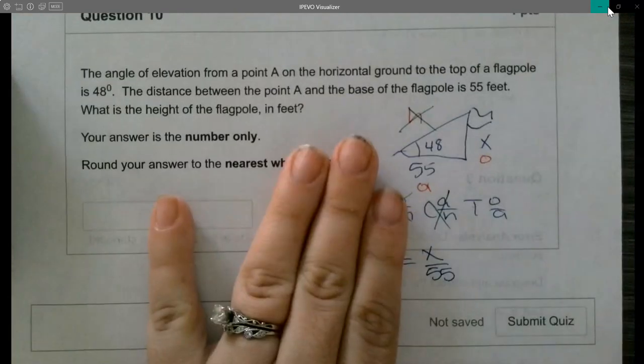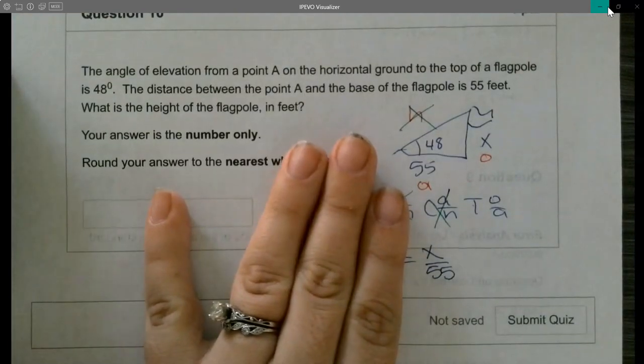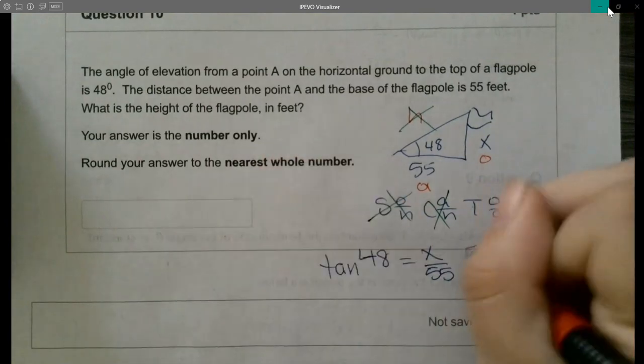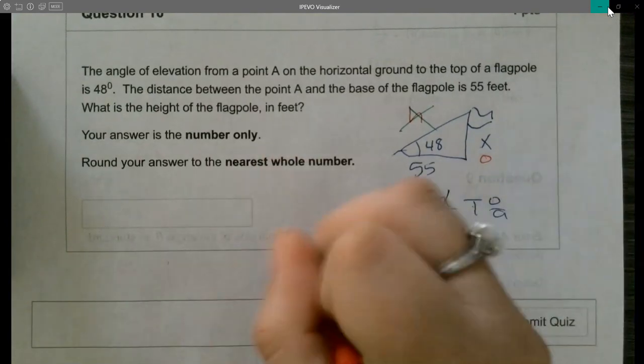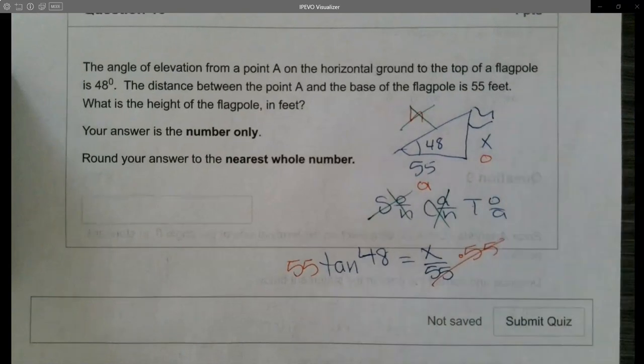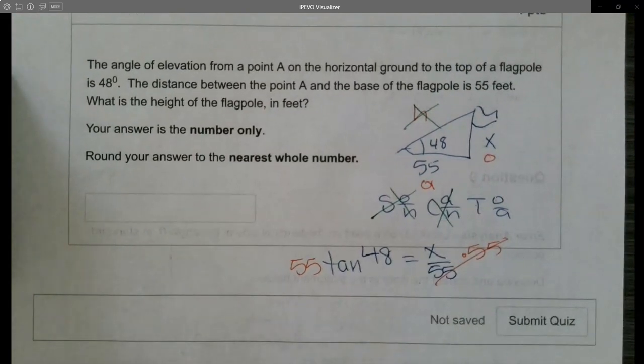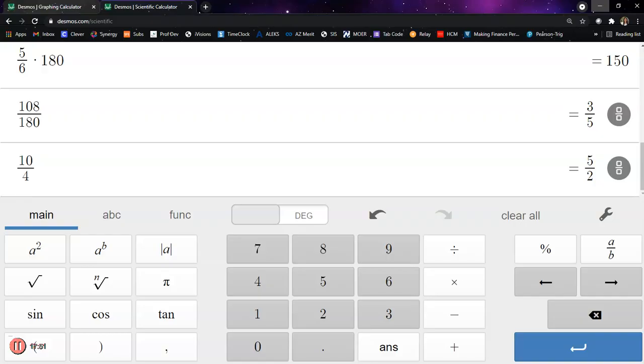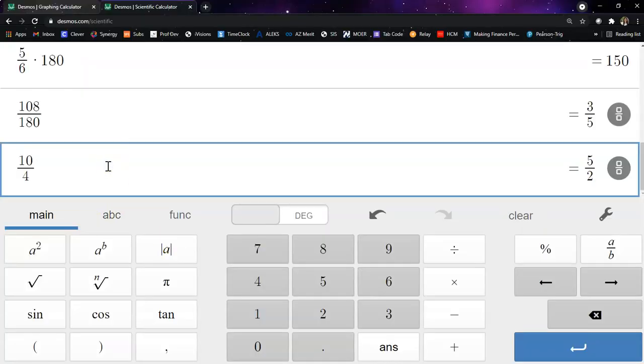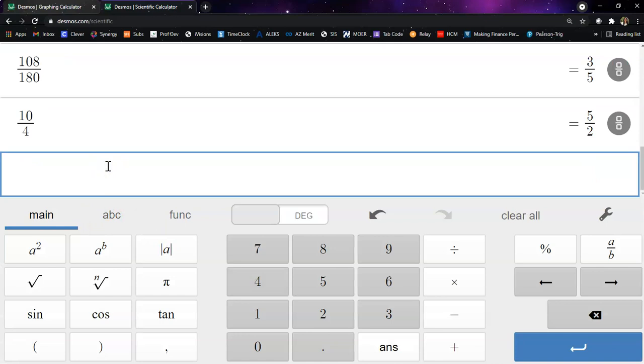Again, I want to get this fraction alone. So I'm going to multiply both sides by 55, which will cancel out my right side. And then on the left side, I just want to go ahead and type that into decimals. Which gets me, this one wants my answer to the nearest whole number, so 61.